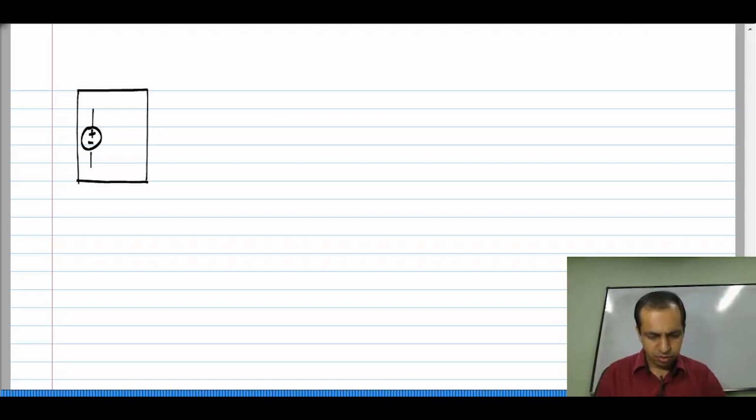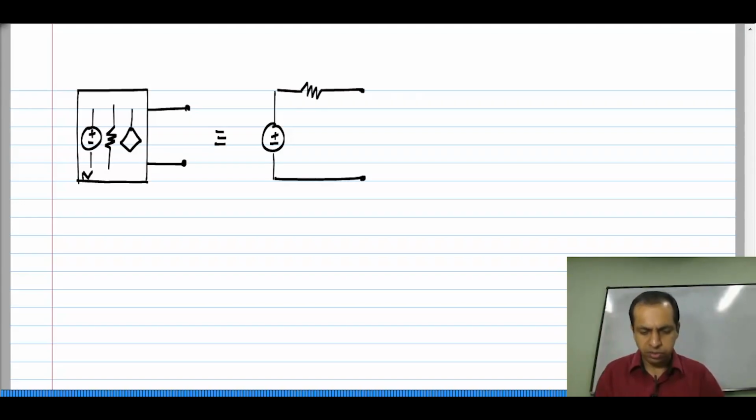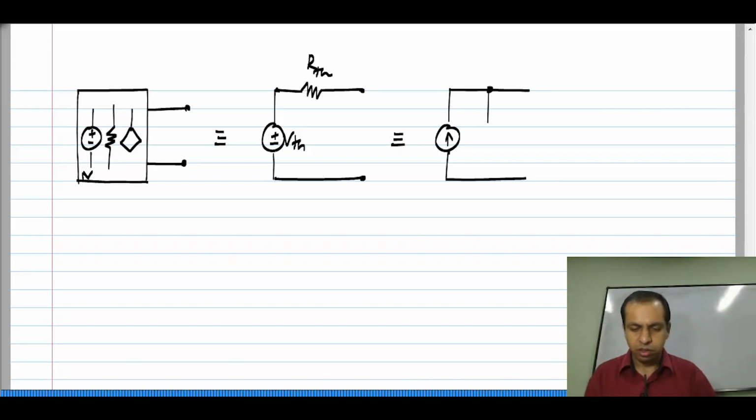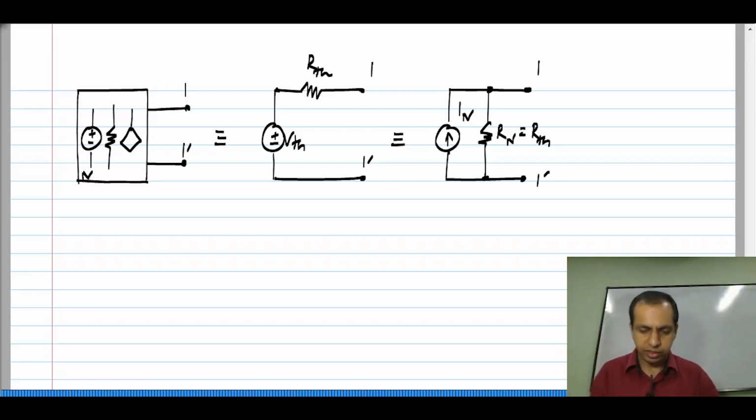Now, the same circuit N can be represented by its Thevenin's equivalent VTh in series with RTh, or by the Norton equivalent which is IN in parallel with RN. RN of course is equal to RTh.